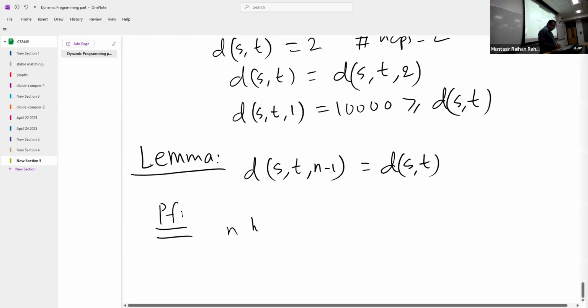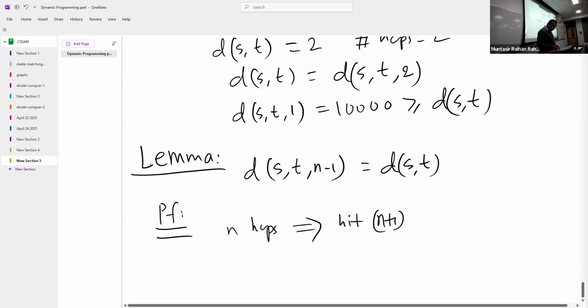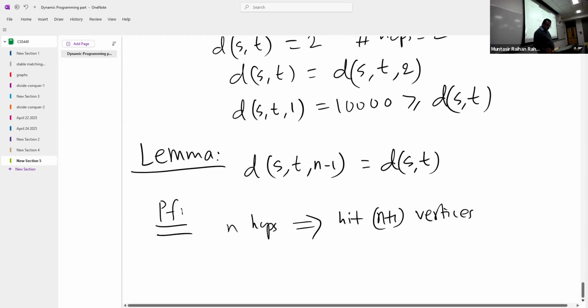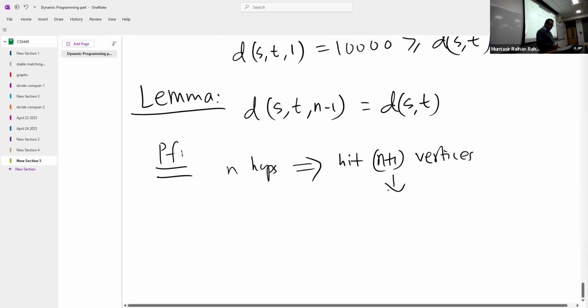Like if you have n hops, that means that you have to touch at least n plus 1 vertices, right? This is known as the pigeonhole principle. If that happens, then the path with n plus 1 vertices repeats at least one vertex, so it has a cycle.